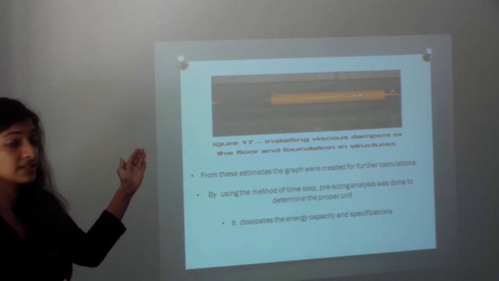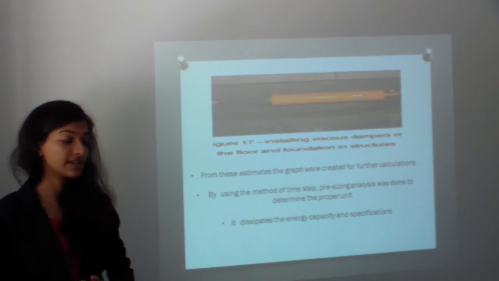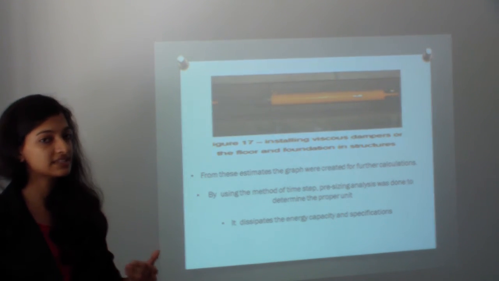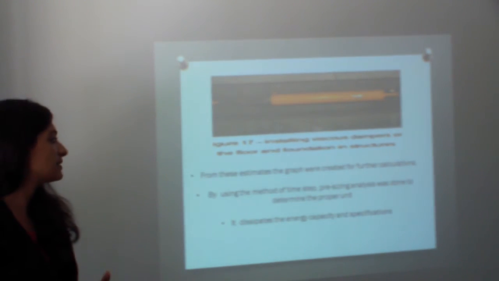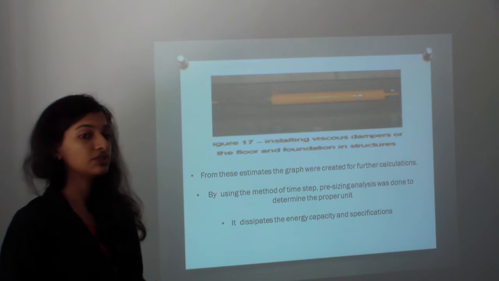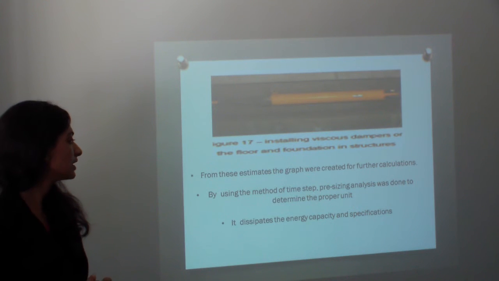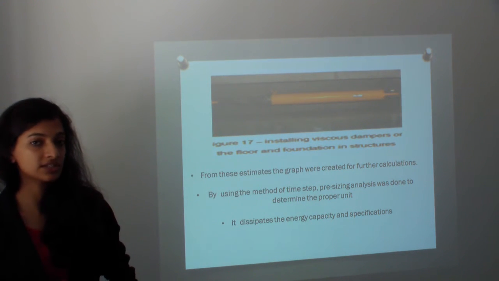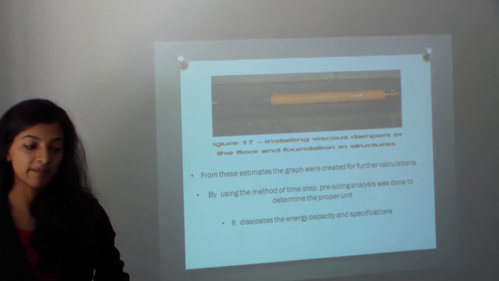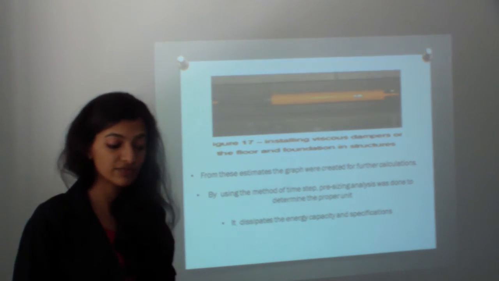This is the picture showing the ordinary wall, and in the same way we can apply it in the retaining wall. And from the following calculations, we can estimate the graph. From those graphs and tables, by the method of time steps and precise analysis, it can be done to determine the proper unit to avoid the structure from the seismic hazards. And it also dissipates the energy capacity and specifications to avoid the retaining wall from the seismic hazards.